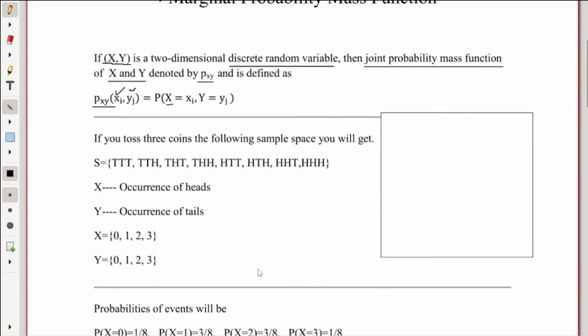So I am taking the example of tossing 3 coins. If you toss 3 coins, you will get the following sample space. Here T denotes tail and H denotes head. So we will have 8 possible events.